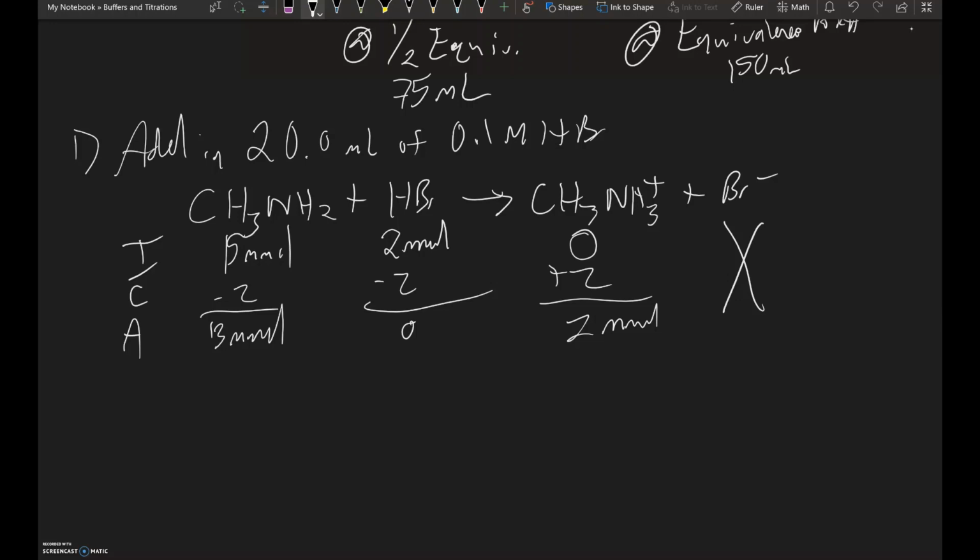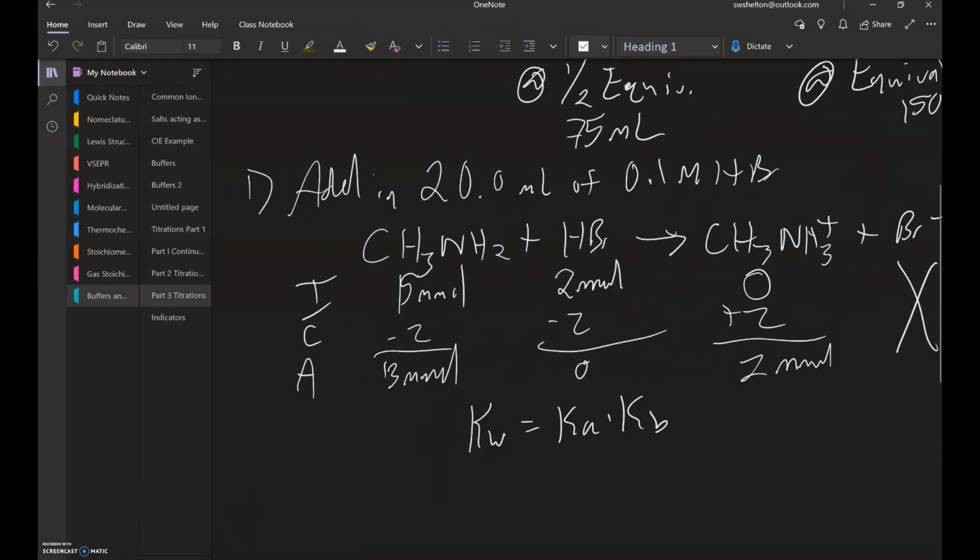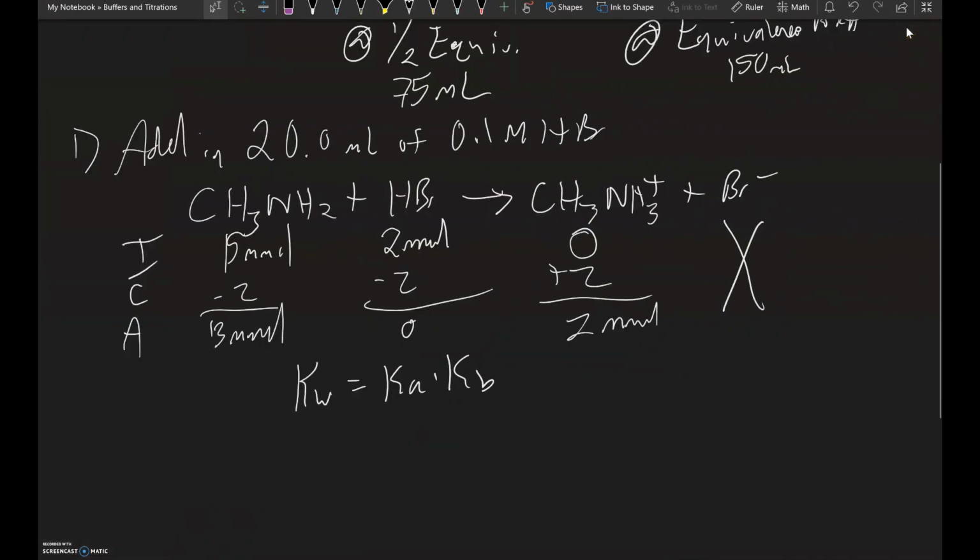Now the next part is that since we're working with a base, we have Kb. We're going to be using the Henderson-Hasselbalch equation, so we need to calculate Ka from Kb.